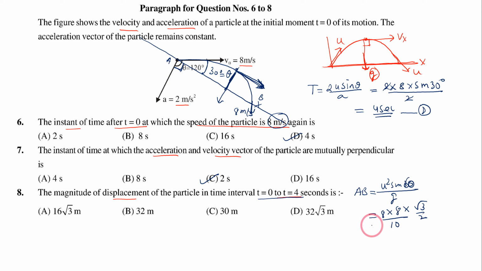Okay, we made a little mistake here. Acceleration will be a now. So in place of a you have to put 2, right? So this is coming 16 root 3 meter. So the answer is A for question number 8.